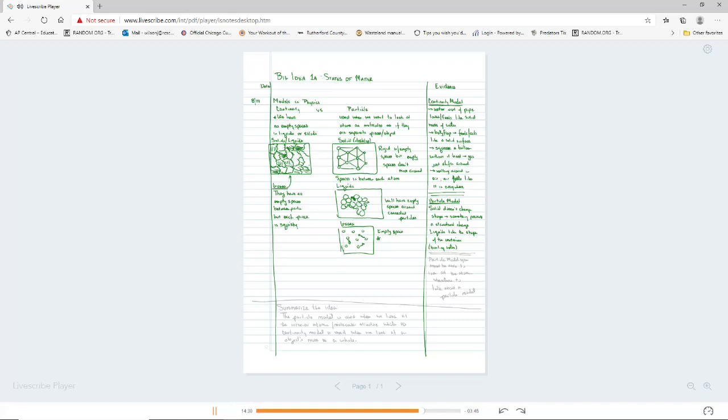So the particle model comes about because you must be able to look into an object, you must be able to look at the atomic structure, to talk about a particle model.